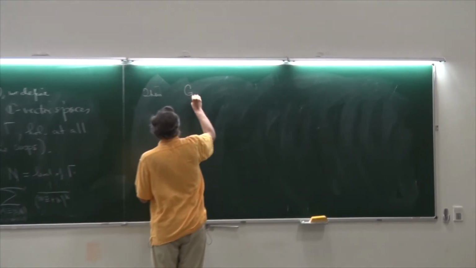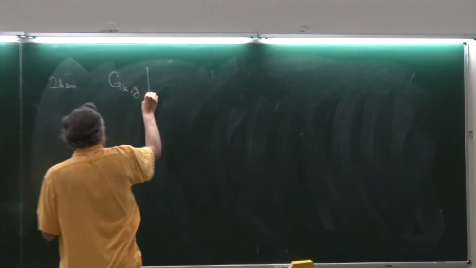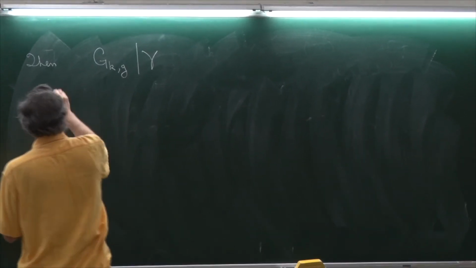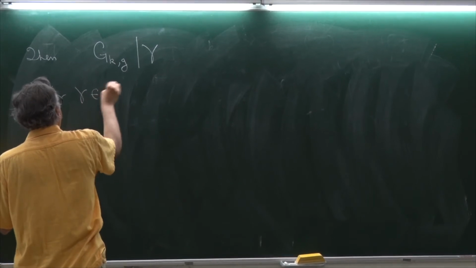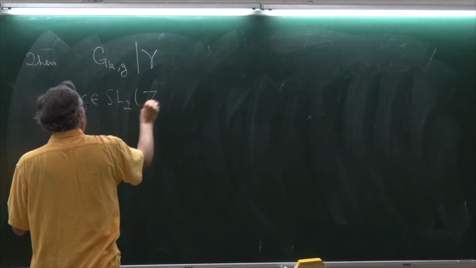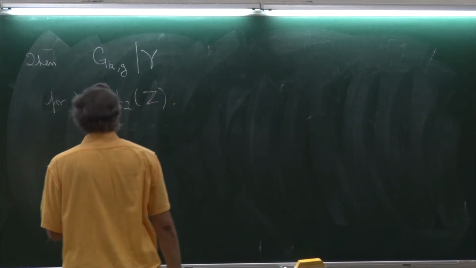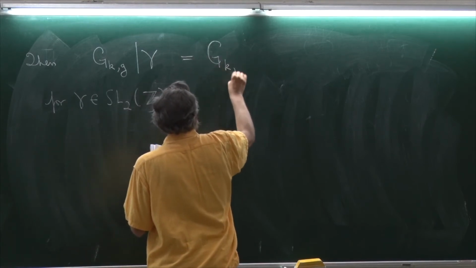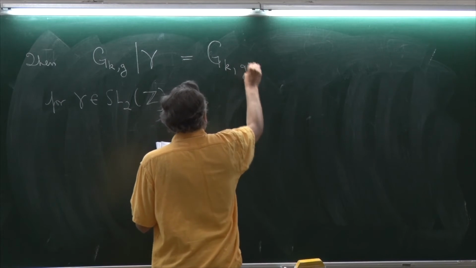If you take G_k little g and slash it with gamma, where gamma is in SL2Z, then it turns out that this is equal to G sub k, g gamma.